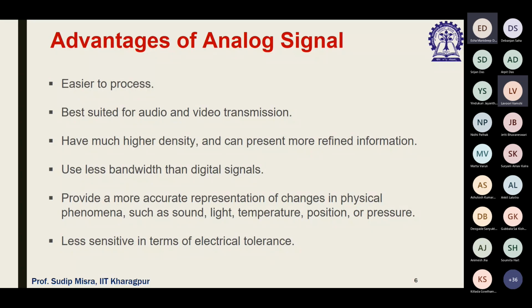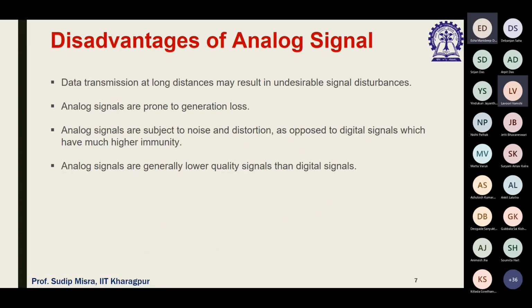There are a few other advantages also. For example, they are less sensitive in terms of electrical tolerance. Disadvantages of analog signals: data transmission over long distances may result in undesirable signal disturbances, because there is attenuation. Attenuation means the signal strength reduces.